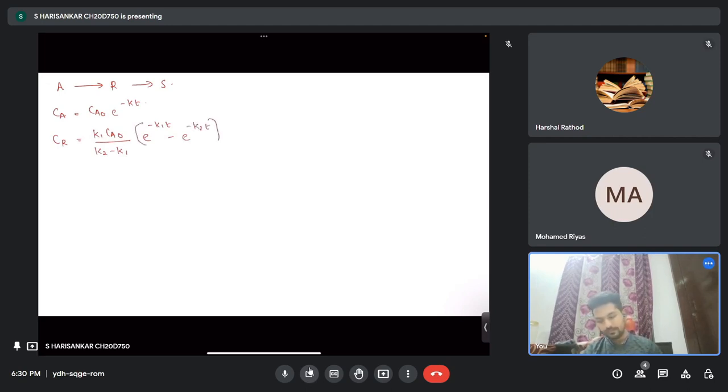Right. And CS, we can either find it as CA0 minus CA minus CR, or we can write an expression for this as CA0 the whole times 1 minus e raised to minus K1T minus K1 by K2 minus K1 times e raised to minus K1T minus e raised to minus K2T.